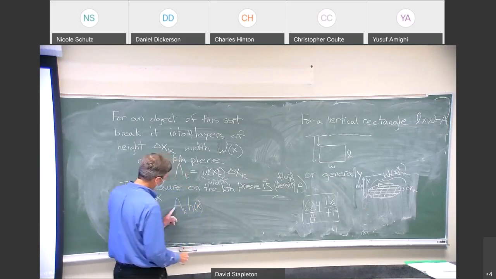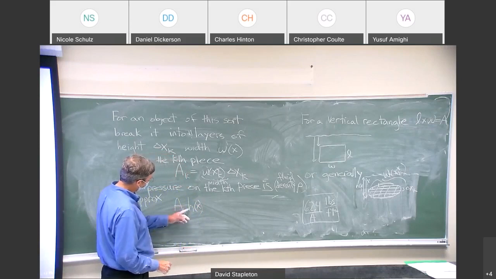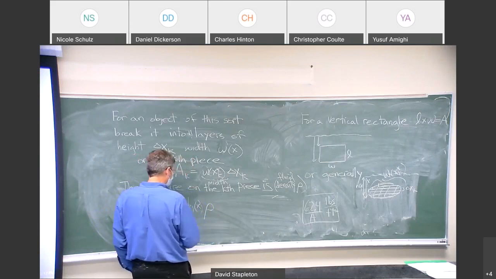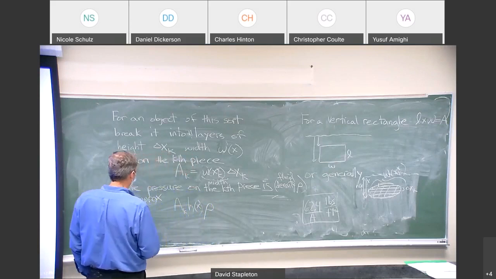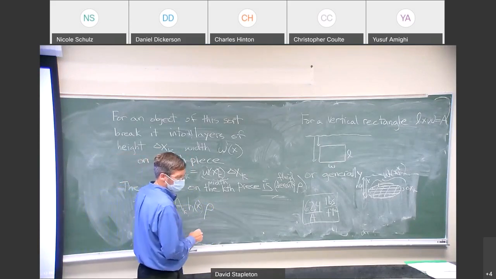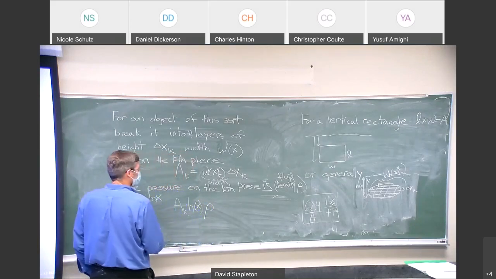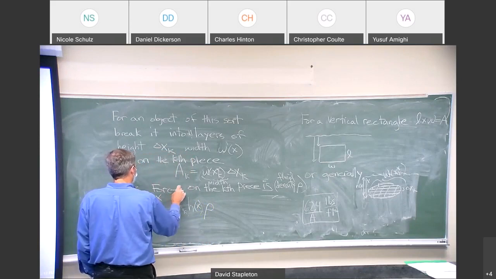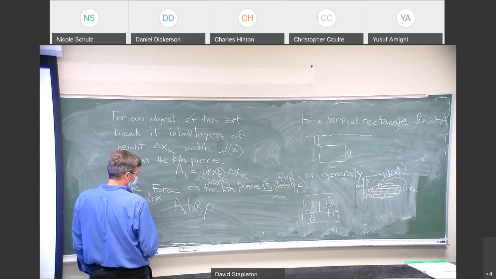This gives you the mass of the water sitting on top of it, right? Area times height gives you the volume of water sitting over it. Times the density of the water gives you the mass of water sitting on top of it. I'm sorry, so this is the force, I guess I should say, the force on the kth piece.